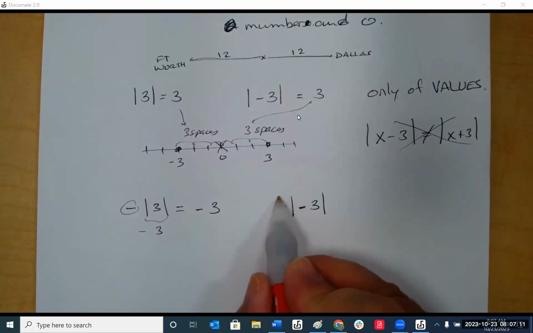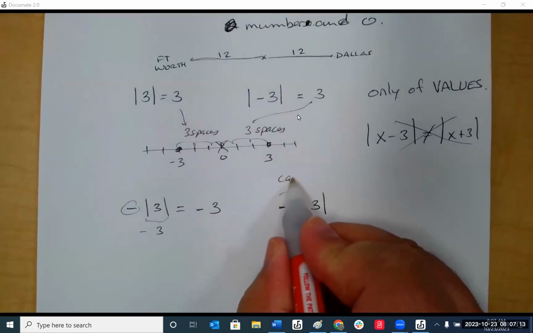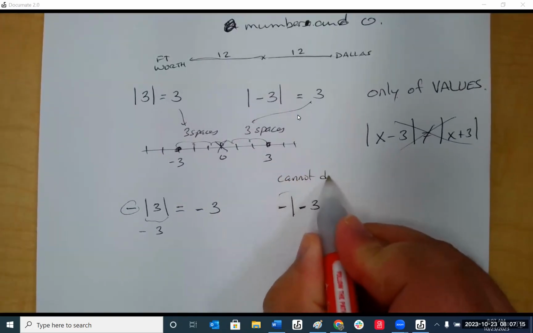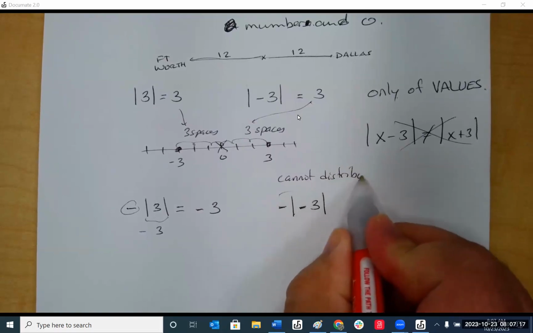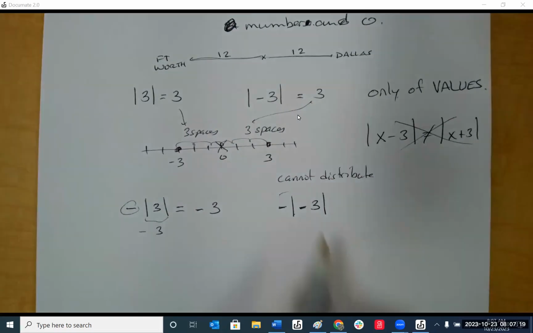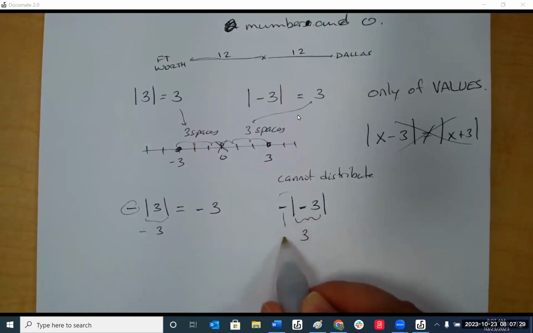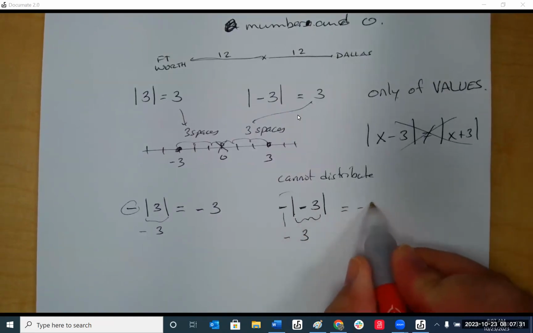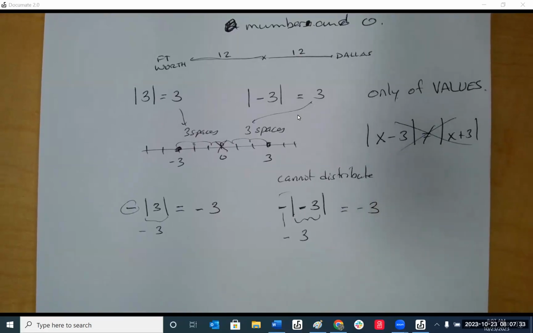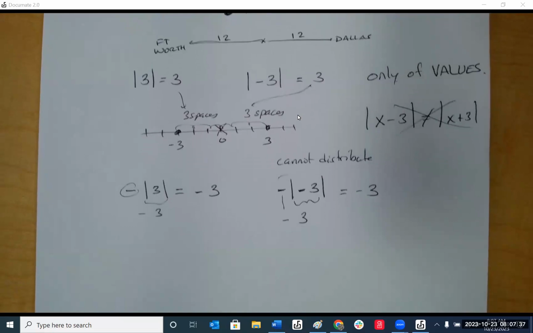You cannot distribute inside absolute values. So with this one here, we'd have to take the inside of this first. So absolute value of -3 is 3, and bring this one down. So the answer is -3. So that's how it works.